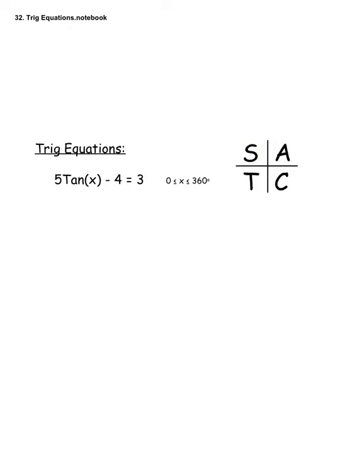Here's one more example with tan. Again, we're going to create tan x as the subject of our equation. So we're going to add 4 onto either side of our equal sign here. We get that 5 tan x is equal to 7. Then we're going to divide by 5 on both sides, and we get tan x is equal to 7/5.